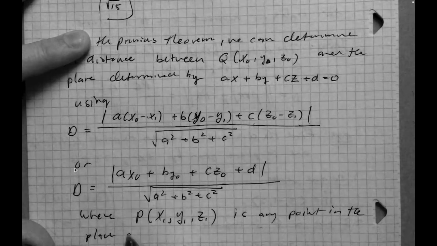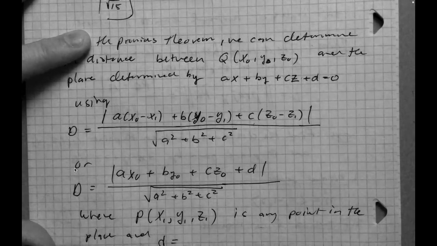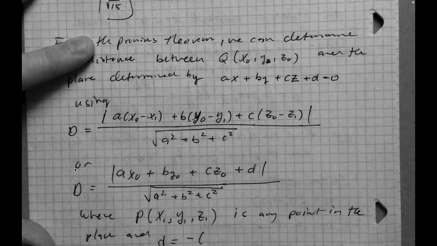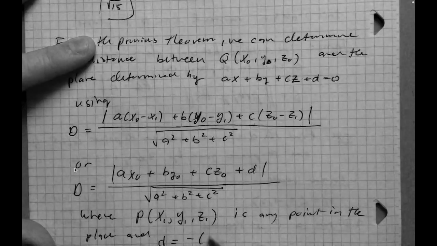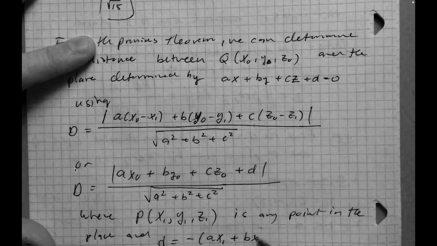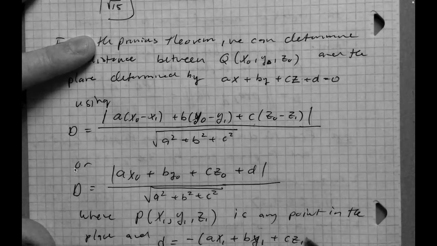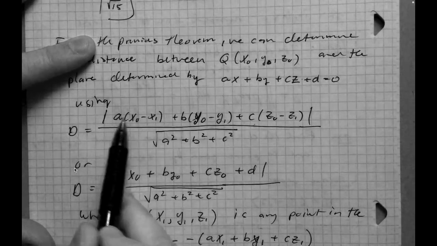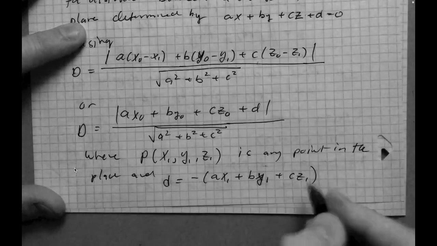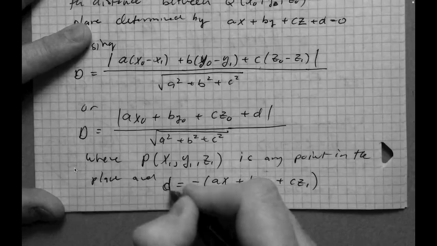And d would be equal to the negative of ax1 plus by1 plus cz1, right? So that's this part here, ax1, by1, cz1. So that's what you get for d.